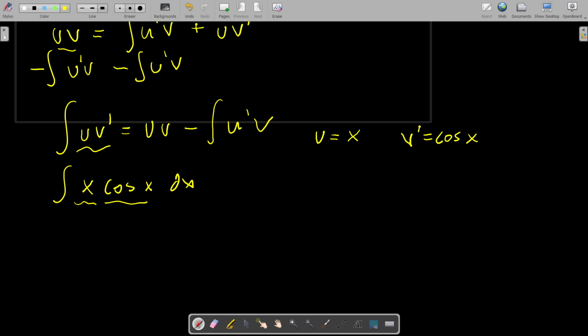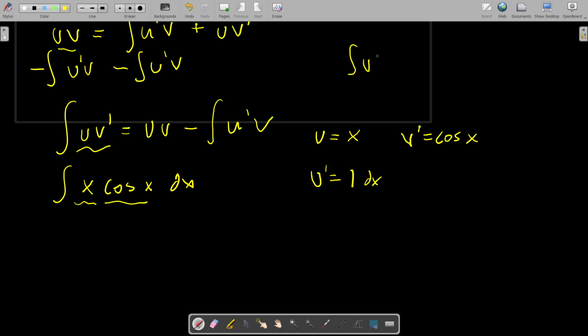And then, in this equation, we need u prime and v. So we'll also get u prime, the derivative of u, which is going to be just 1 dx. And then over here, to get v from v prime, we need the integral of v prime.